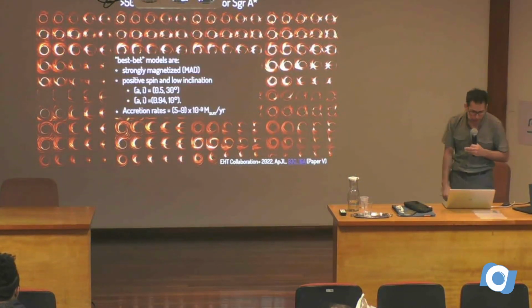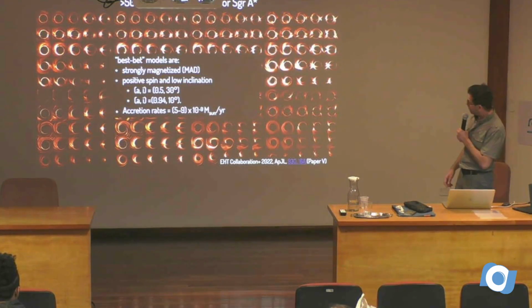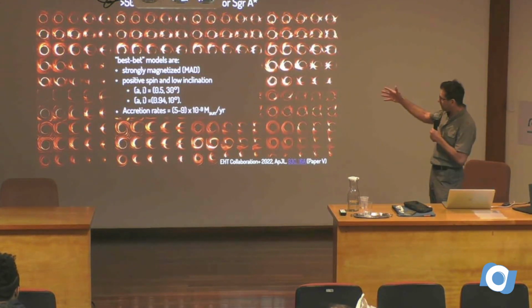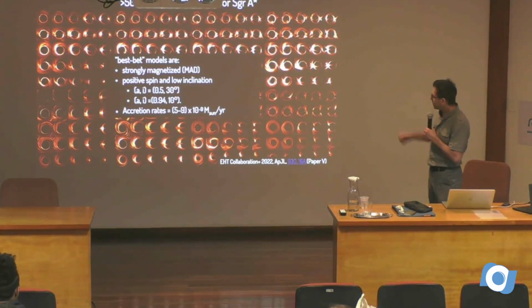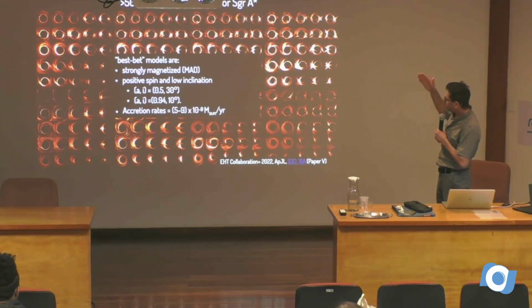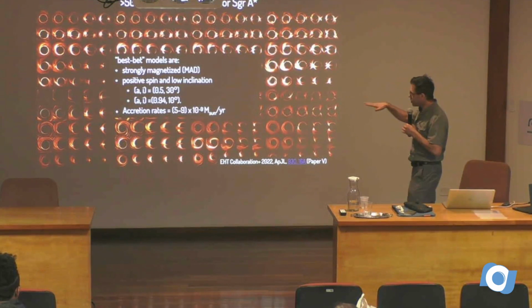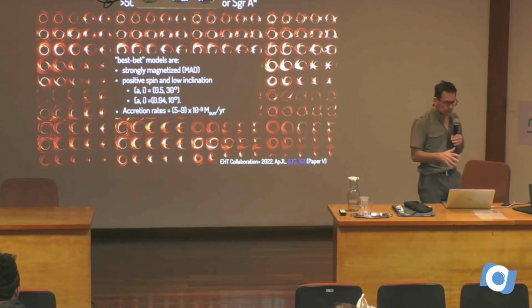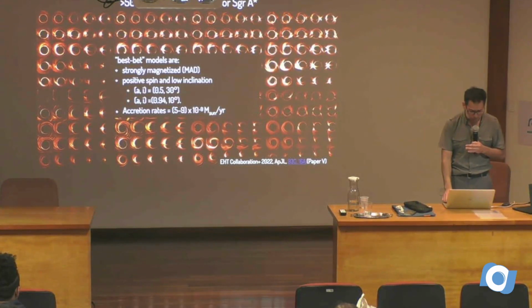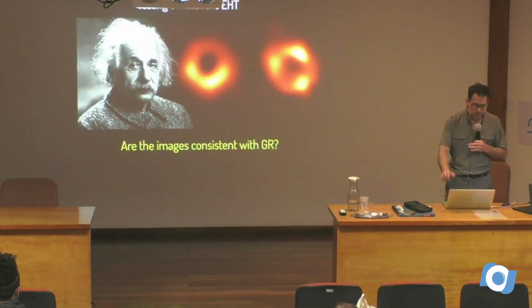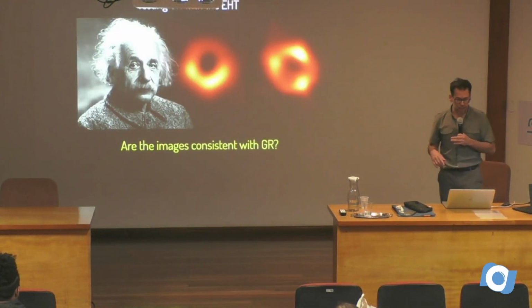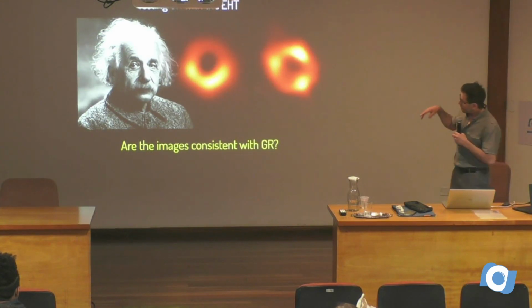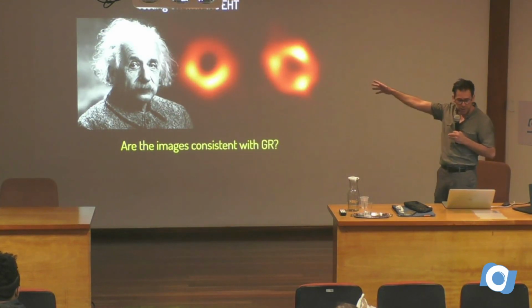And what we found was that the best bet models are strongly magnetized, the ones that we call the MAD, and they have a positive, high spin, so no zero, no Schwarzschild. And then the accretion rates are between 10 to the minus 8 and 10 to the minus 9 solar masses per year, okay?